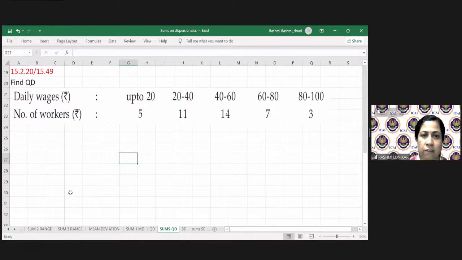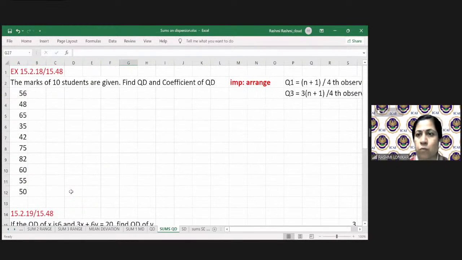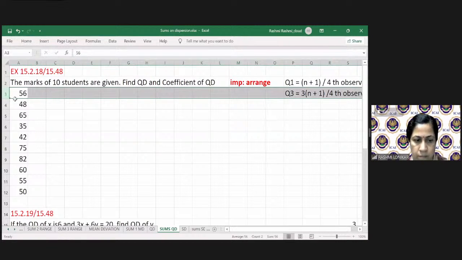So let us take the first sum. So quartile deviation first sum we are taking on page 15.48, question number 18. Okay. So the marks of the students is given.